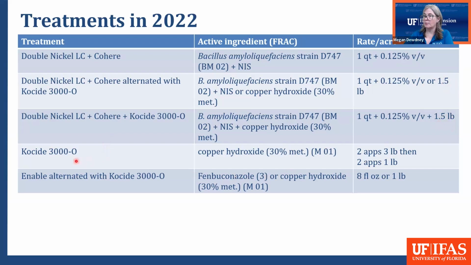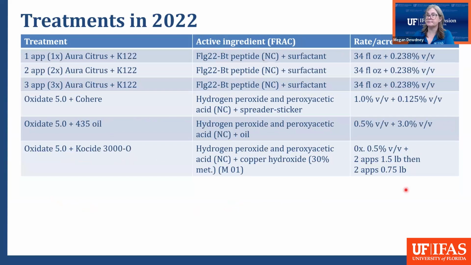Then we looked at copper hydroxide, or Cosside, by itself, and we did 2 applications at 3 pounds and then 2 applications at 1 pound. We then also looked at Enable alternated with Cosside 3000, at 8 fluid ounces and 1 pound of copper.